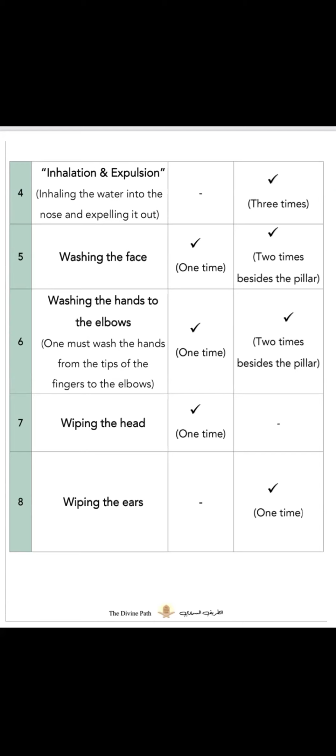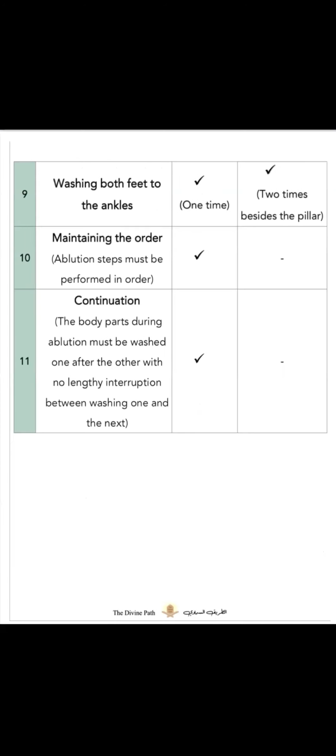This is obligatory 1 time. Step number 8, wiping the ears. This is recommended 1 time.